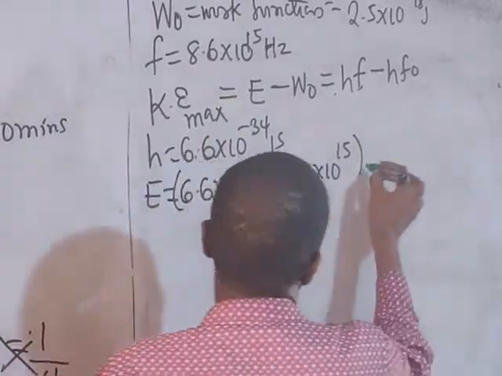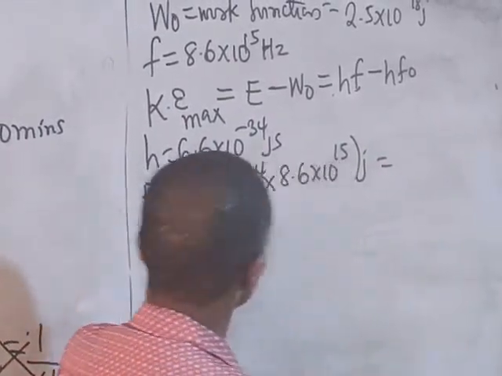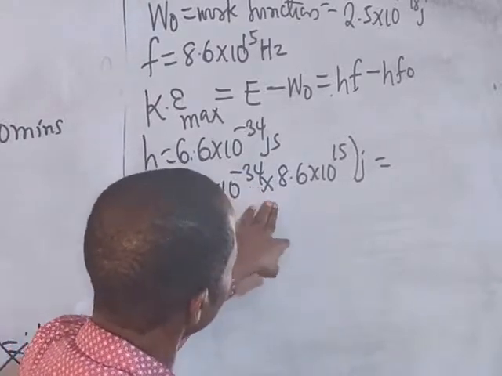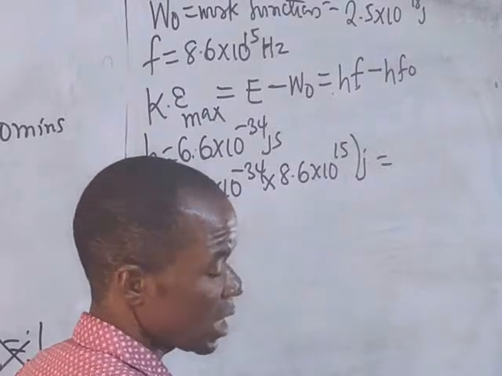Let's find out what that gives us in joule. 6.6 times 10 to the power minus 34 times 8.6 times 10 to the power 15. What does that give us in standard form?